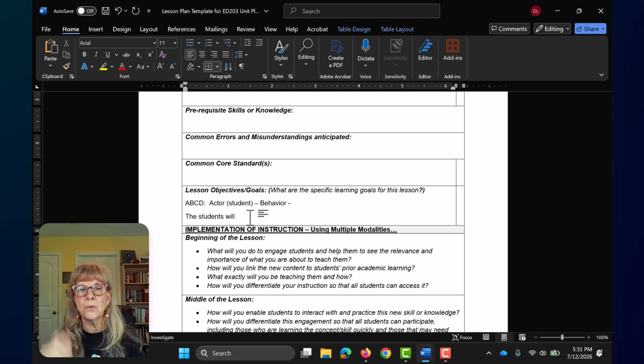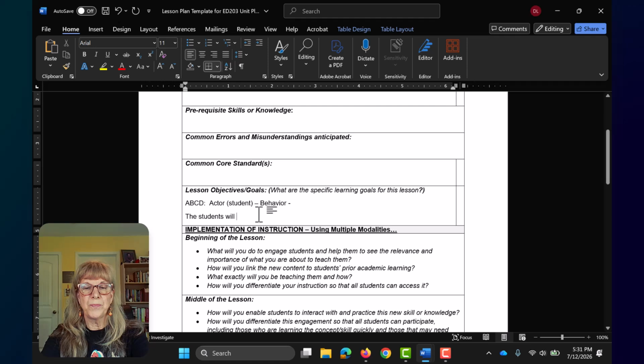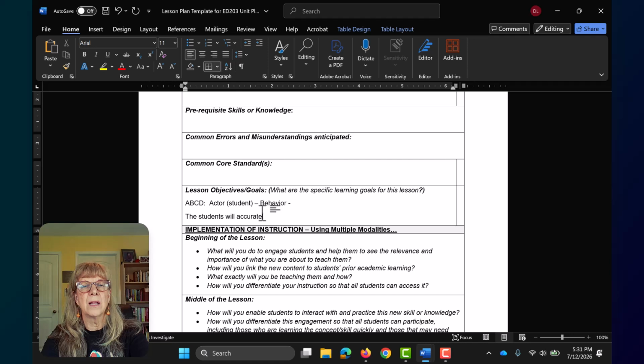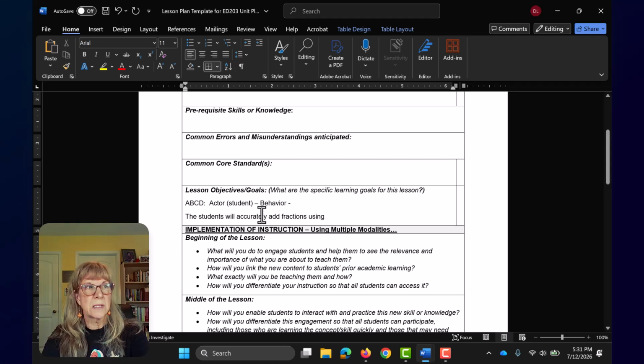So the students will, let's use adding fractions as an example. The students will accurately add fractions.